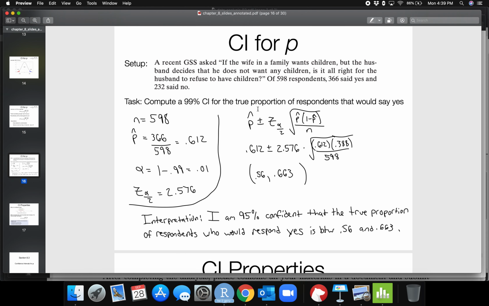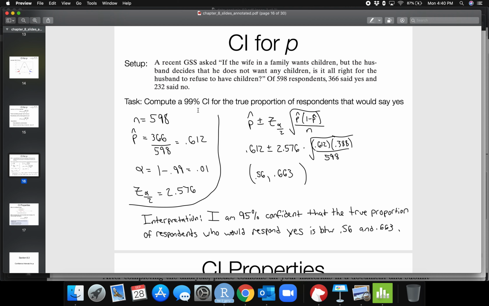First, in any word problem, which is going to be all of statistics, it's full of word problems, you need to first identify the important terms. If you look at the confidence interval formula for p, you need three things: p hat, n, and z sub alpha over 2.